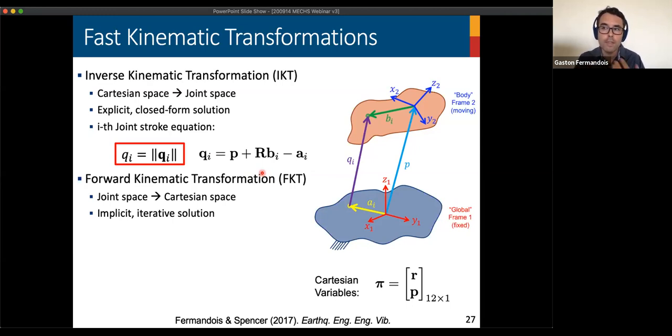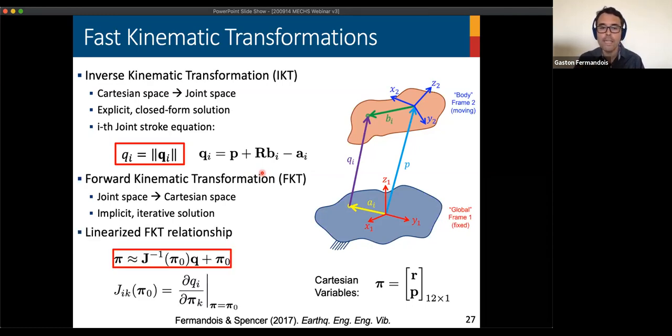Since we don't have enough time to run all these computations in real time, we propose a linearized version of the FKT, which takes the Jacobian of the transformation from Cartesian to joint space. Using that matrix, we make a linearization in one step to get the estimation of Cartesian coordinates given actuator strokes.